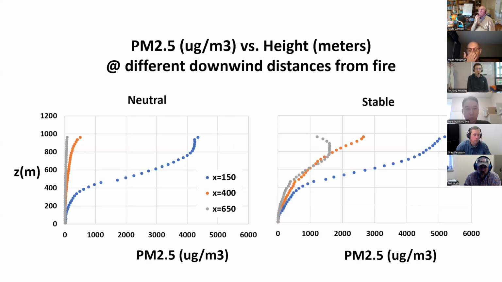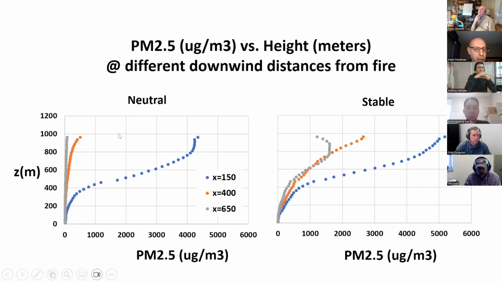Here is a way to quantify how much PM 2.5. One of the things that was input into the model is the smoke yield, and I can't remember exactly how I got to PM 2.5 out of that, but I think for smoke there's a percentage of how much of it is PM 2.5 that I applied to get this number.